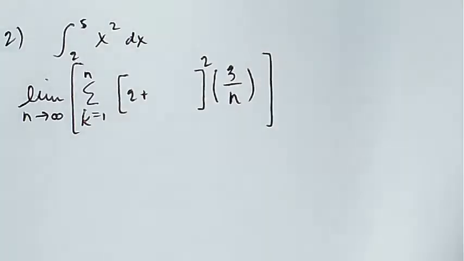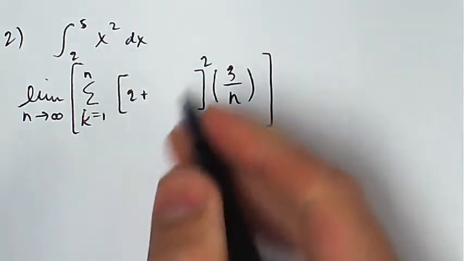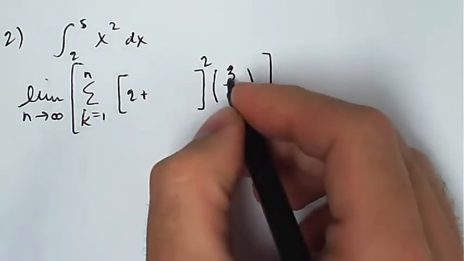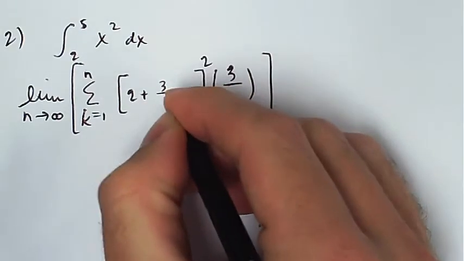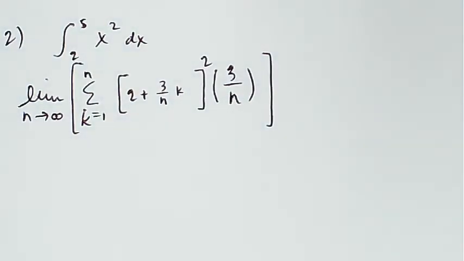Plus, because the thing that's actually advancing is the x value as we move to the right in our Riemann sum. So 2 plus 3 over n k. And then we're going to square it because that's what we do to x in this integral. So that's going to be answer choice D.